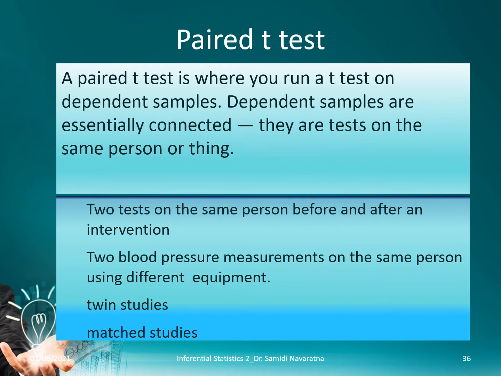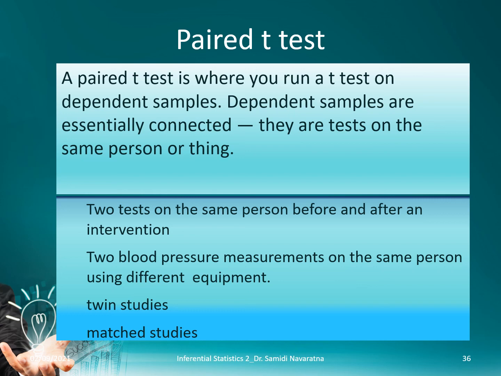Moving on to the paired t-test. They are also known as dependent samples t-test, the paired difference t-test, the matched paired t-test, and the repeated samples t-test. So in general, what we mean by a paired t-test is the samples are paired or matched, and every observation in one sample is linked with an observation in the other sample.